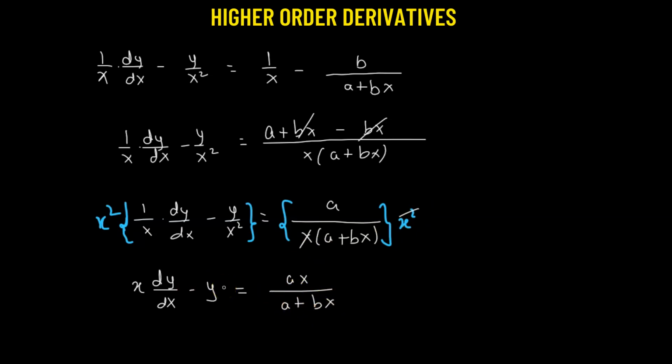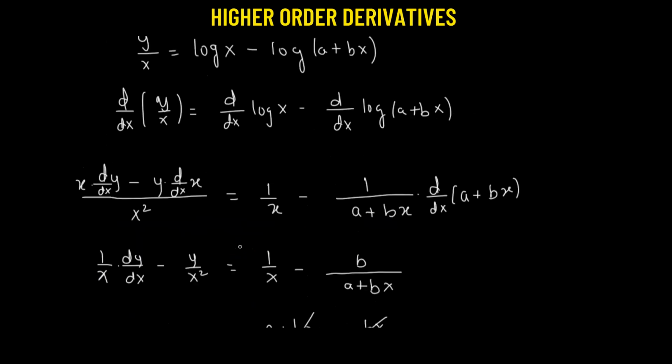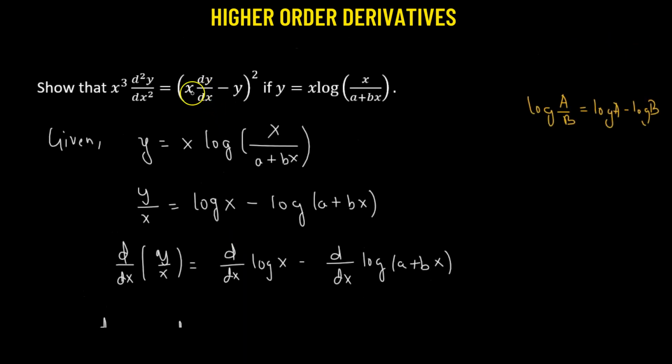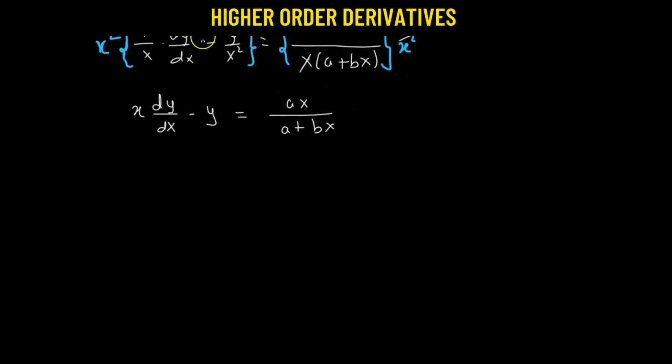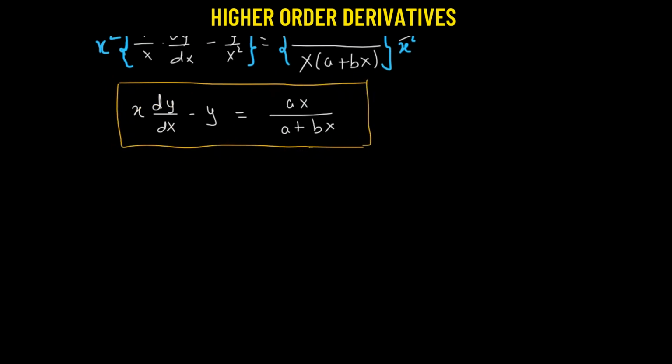The reason we have done this is that if we go to our problem, we will see that we have this particular term x times dy over dx minus y. So we wrote it this way so that we have this expression. We have to further take the derivative because we also have to find the second derivative. So we will set it aside for the time being. We will be using this again a little while from now.